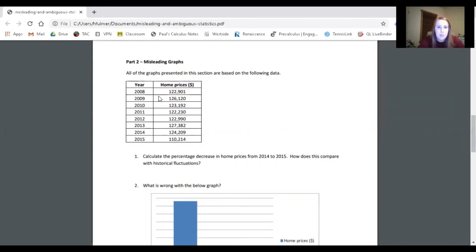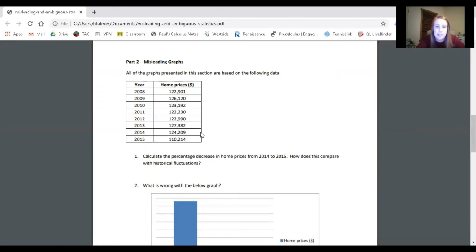So looking at these graphs, calculating the percentage decrease, which is what number one is asking you to do, from 2014 to 2015. The way that you do that is you're going to take the home prices in 2014, which is 124,209, and you're going to subtract the number from 2015.